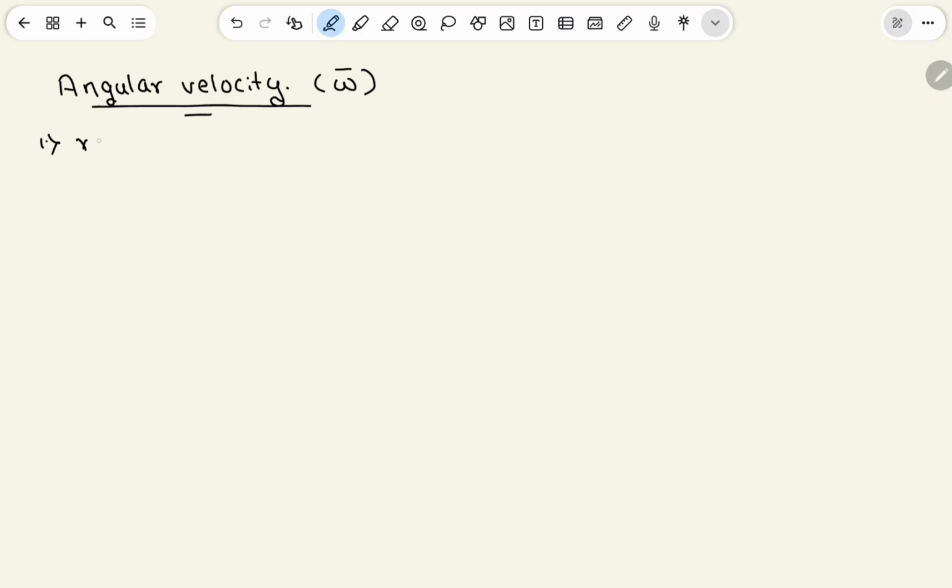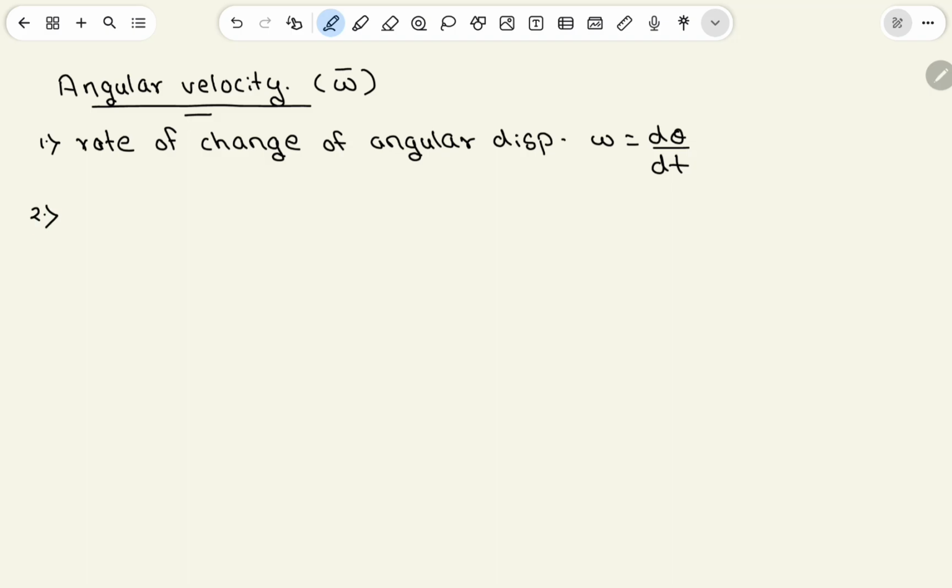So the first thing is definition, and definition is angular velocity is nothing but rate of change of angular displacement. And therefore we can write down omega is equal to d theta by dt.